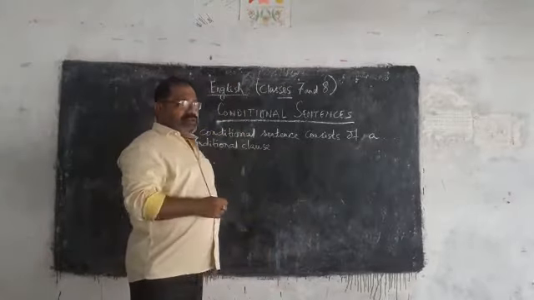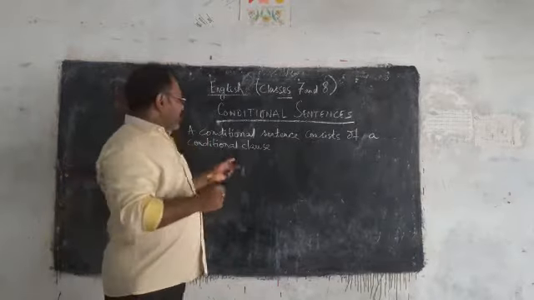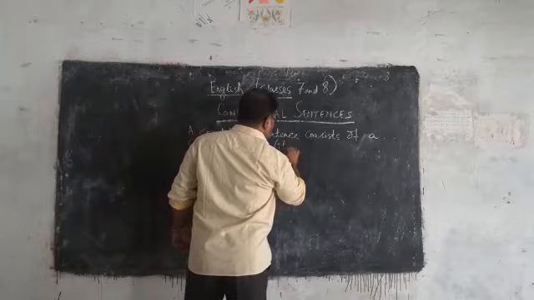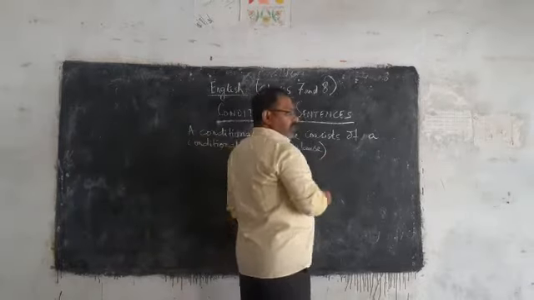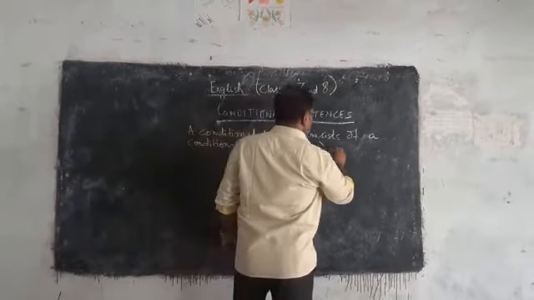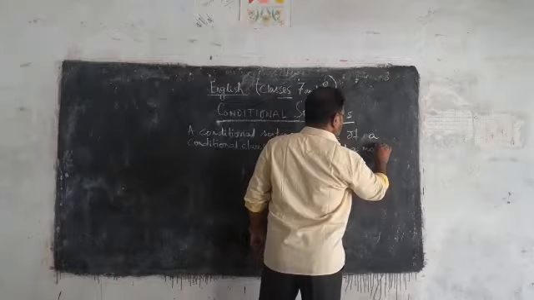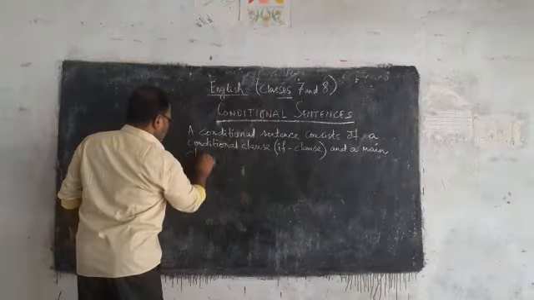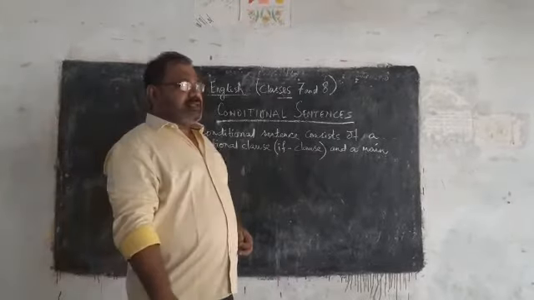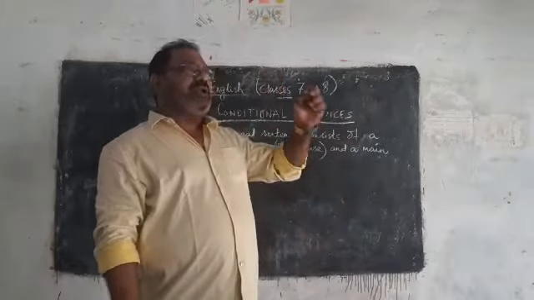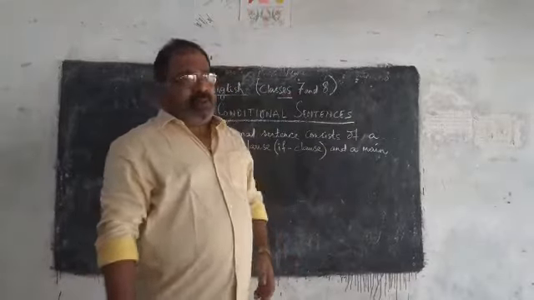The conditional clause, in English, is called the if clause. It consists of a conditional clause and a main clause, okay? These type of sentences are called conditional sentences where we put a condition. It may happen, it may not happen.